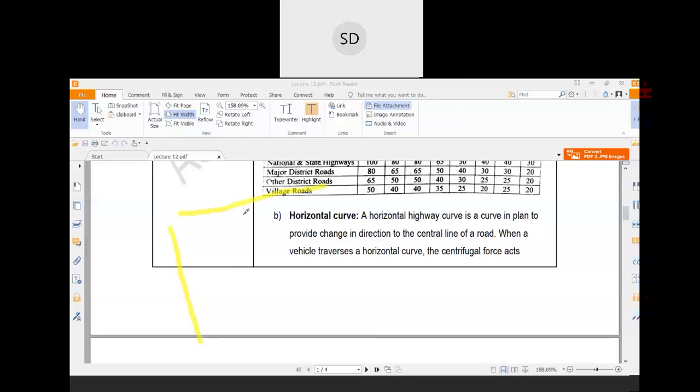Suppose that is another road, so you need one horizontal curve over there to swiftly move from one direction to another direction. That is the function of the horizontal curve, and this is the reason why we provide a horizontal curve.